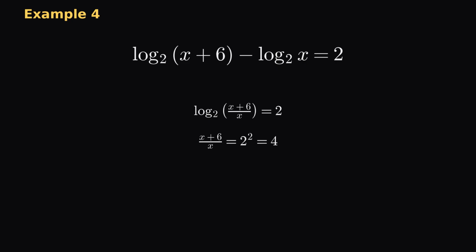So x plus 6 equals 4x. 3x is 6. x is 2. Check it. Log base 2 of 8 is 3. Log base 2 of 2 is 1. 3 minus 1 is 2.